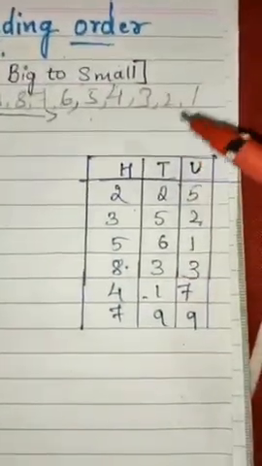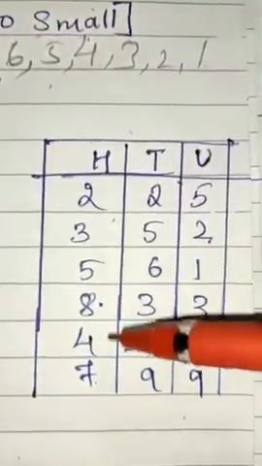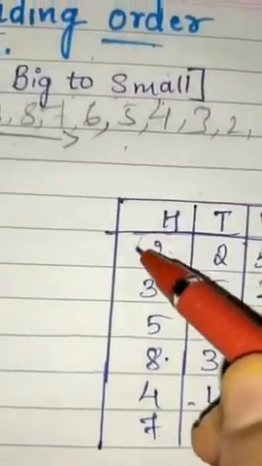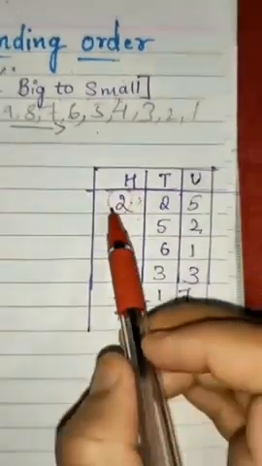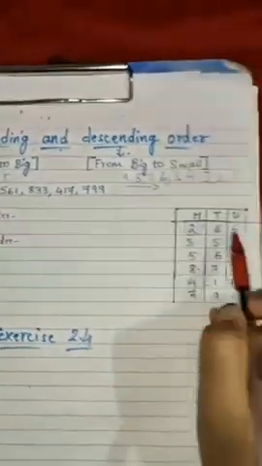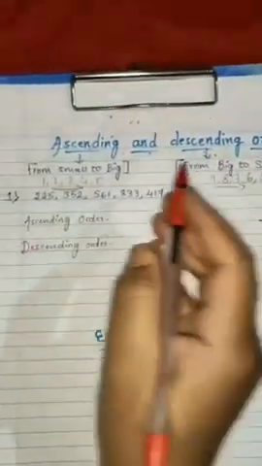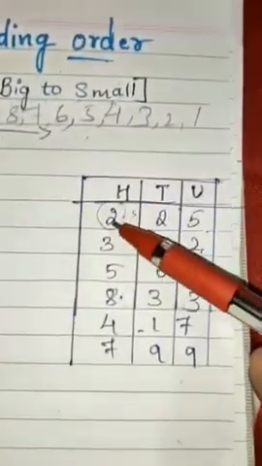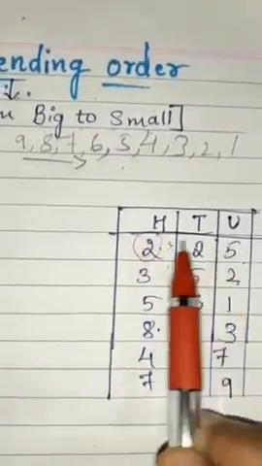So let us see which is the smallest digit here in the 100 place. Which is the smallest digit here? Yes, the 2. This 2 is the smallest digit. So we'll write this number here first. 225, comma. Next, now you have to leave this number. Already we have written this number.